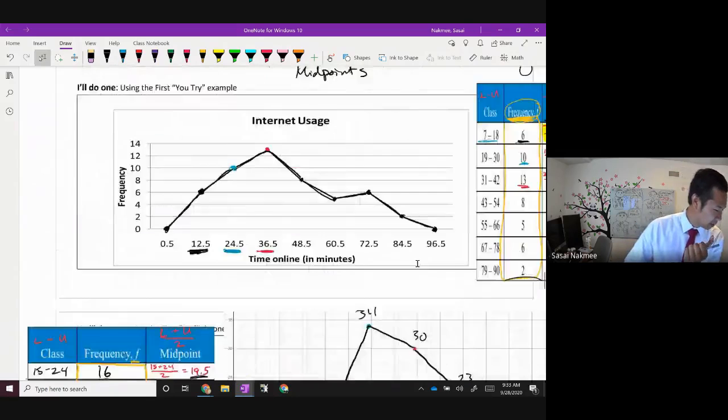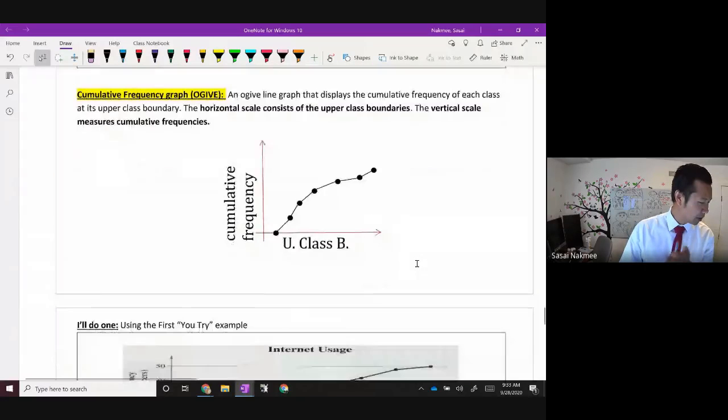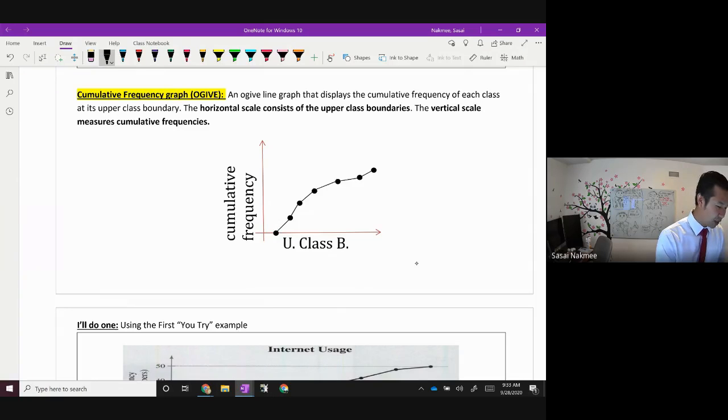All right. So back over here, this is the last chart I'm going to teach you guys for this section, which is the cumulative frequency graph. They call it an ogive. The ogive line displays the cumulative frequency for each of the classes and its upper boundaries.